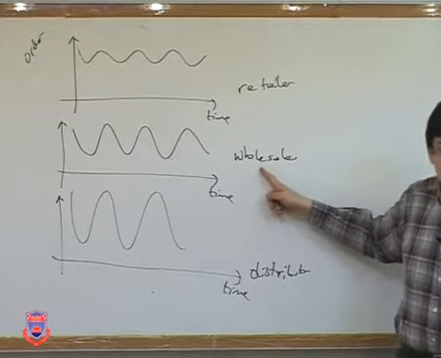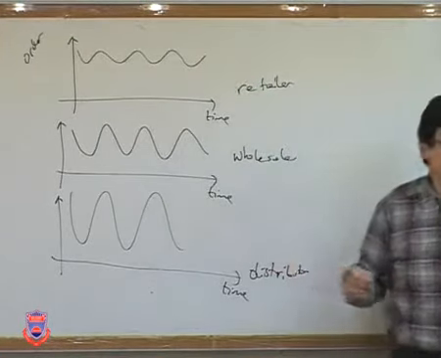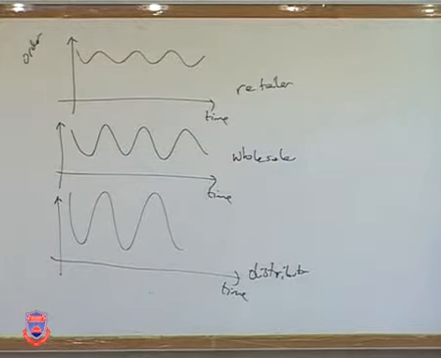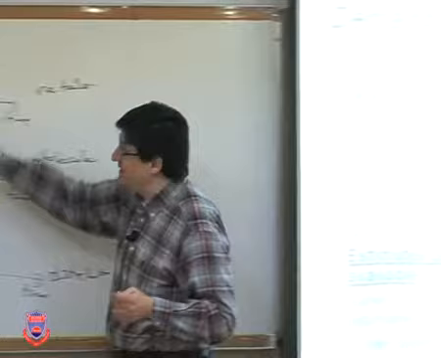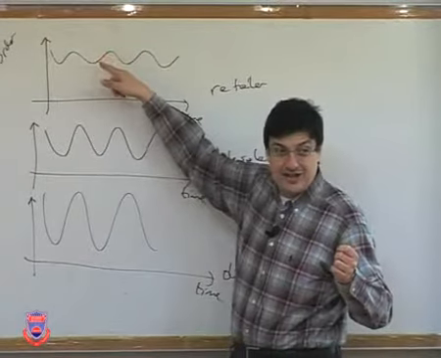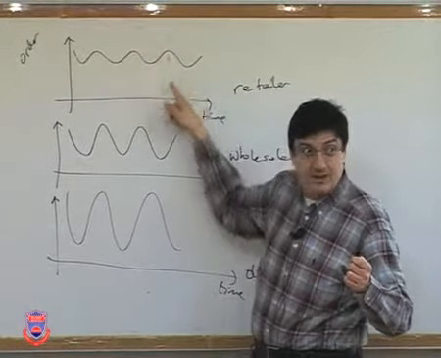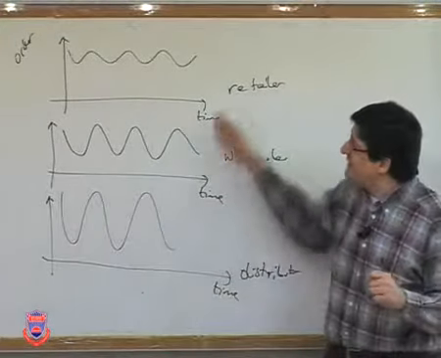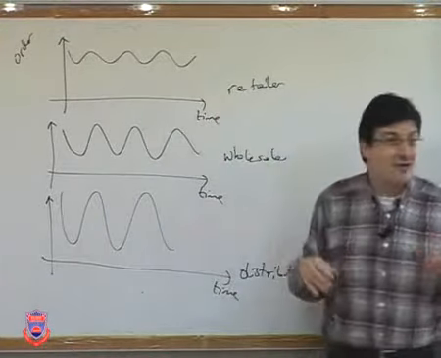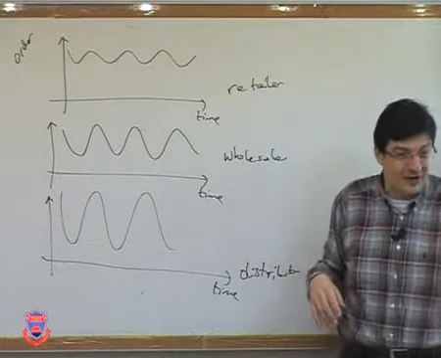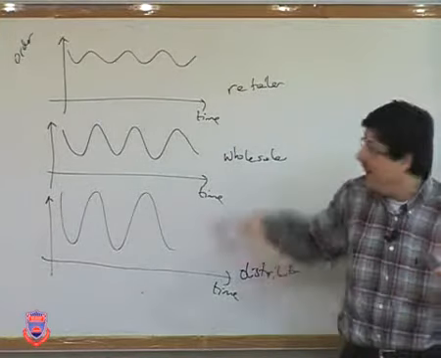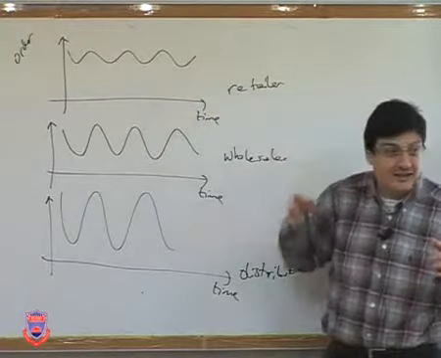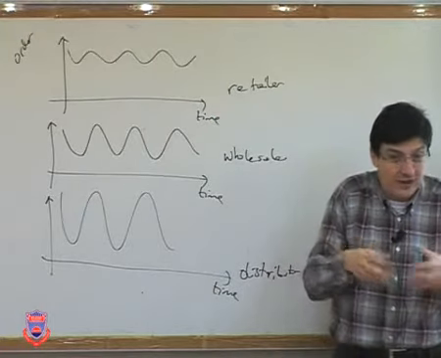Now, the wholesaler only observes the orders that come from the retailers, which is the demand for the wholesaler. So it looks at this pattern and says that this is the demand. There is a high variability in the demand pattern it observes, but it forecasts accordingly. So you can see that they are actually forecasting the same thing. They all want to forecast the customer demand, but the retailer is the closest doing it.